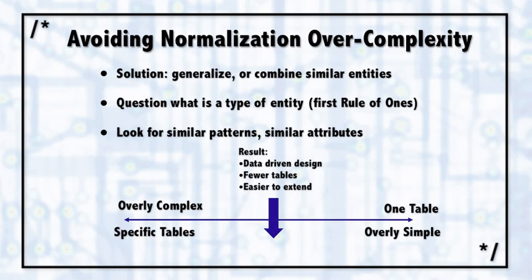So the way to deal with over-complexity with normalization is this idea of, do we generalize or are we very specific as we decide what makes up a group of items? On the side of being very overly complex, I've seen databases that end up with 87 or more tables when I came by and looked at the same requirements, did some generalization and came up with 17 tables to do the same thing.